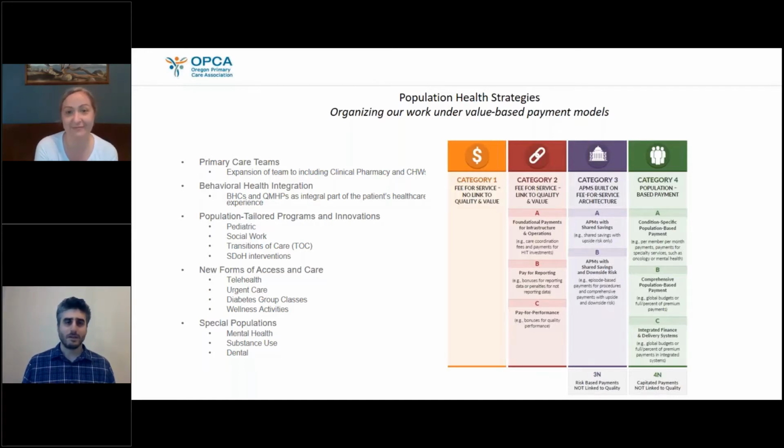We're really thinking more strategically about population-tailored programs. So it's not just a one care team fits all model, but one that could be redesigned to meet specific populations, like pediatrics, populations that are more in need of social work, case management work. Transitions of care programs are a big part of it as well.